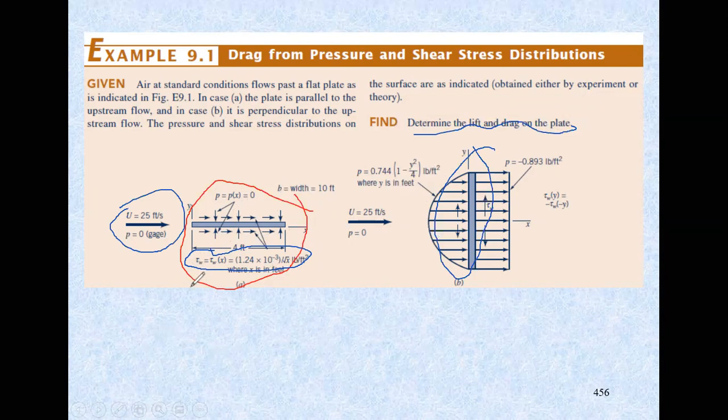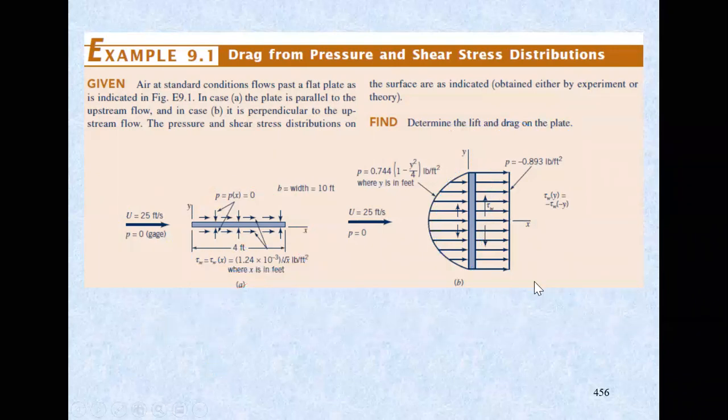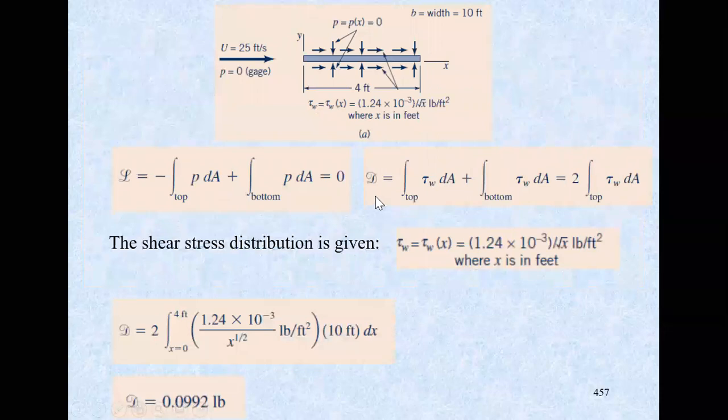Okay, so basically this is the same. We need to find the drag and the lift of each of the bodies. So we need to calculate first, let's say, the lift.